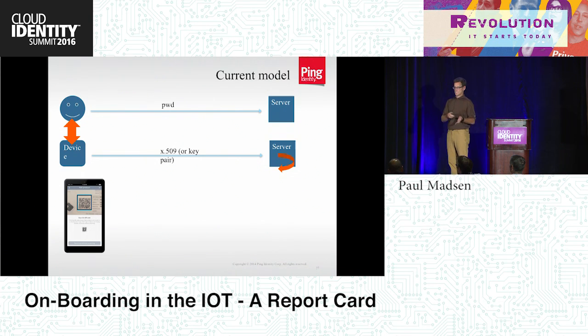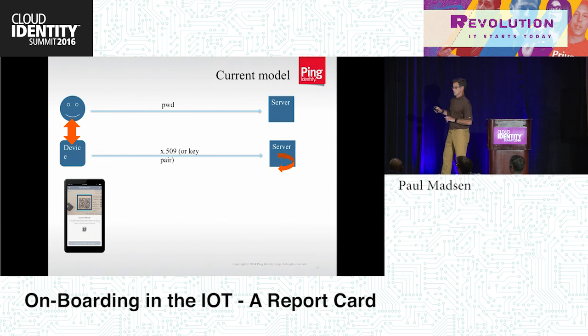If not unique, maybe it's an attestation type cert, like Carl referred to, where it just asserts I'm a Nest thermostat, if not an individual one. So we can set up two secure channels, and then through some sort of mechanism facilitated by the user, in this case a QR code on the back of the Nest that is scanned by the app, we bind those two channels together, and the server is able to tie those together and say that this Nest is now operating on behalf of Paul going forward.